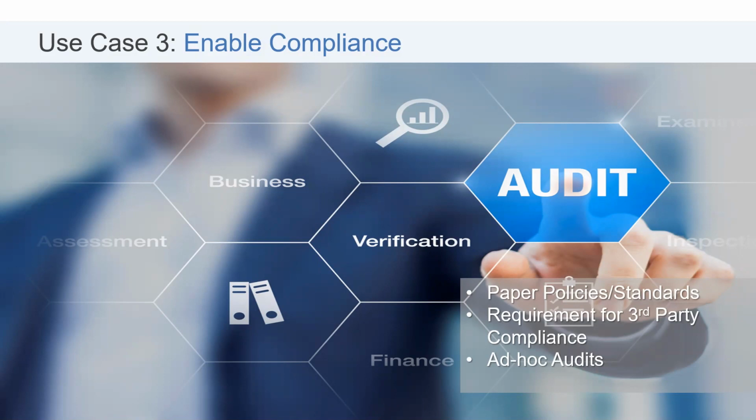Depending on if you're a public company or what vertical you're in, if you're in finance or if you're in healthcare, the network has to be compliant. So these audits can be quite painful and time consuming, but falling out of compliance, you could be even in more risky situations. And then there's also a need for ad hoc audits.